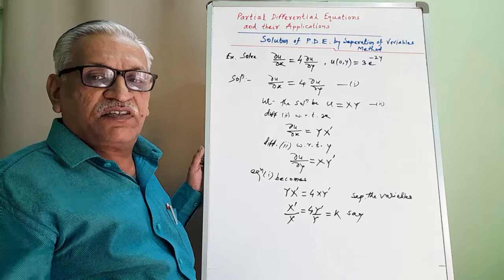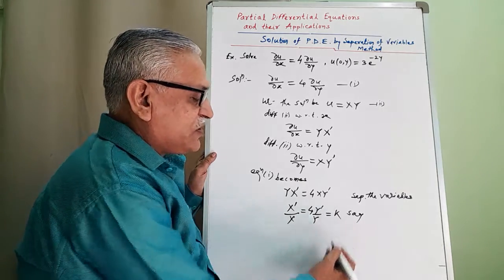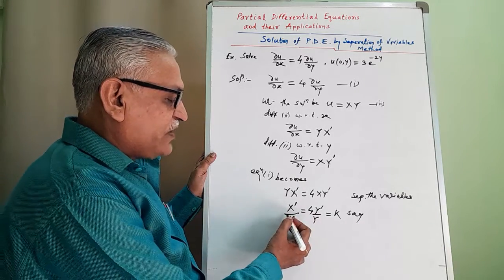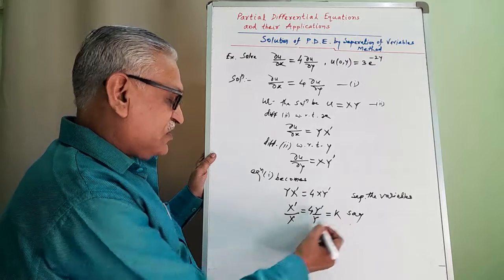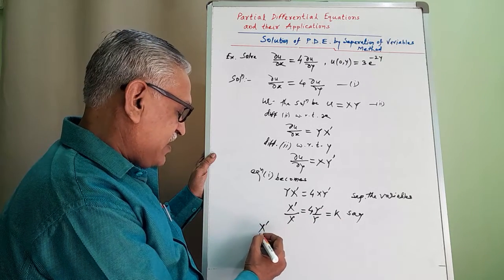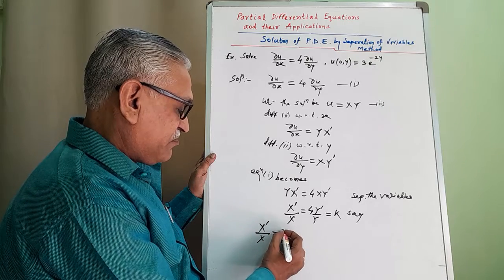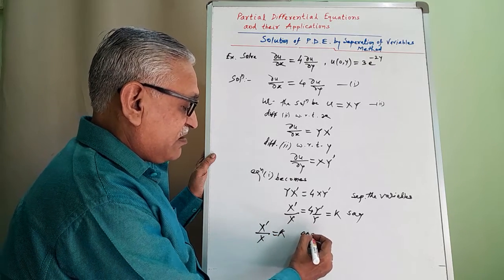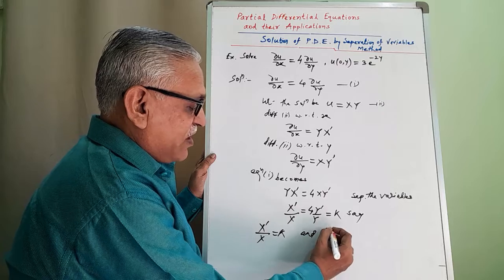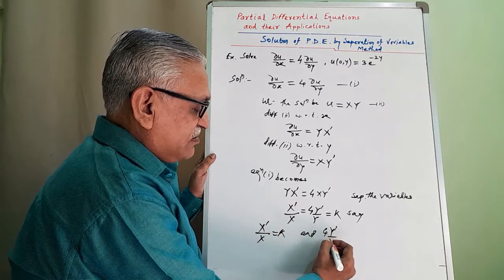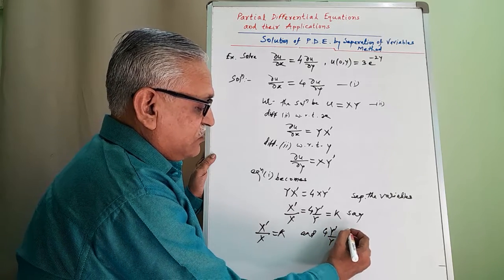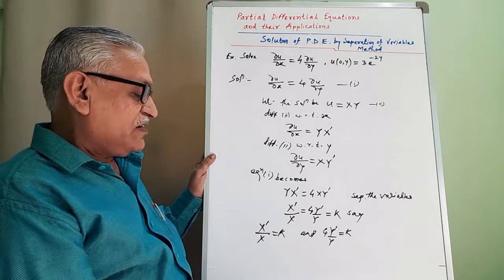We consider this ratio equal to a constant k. Then equating first with last, we get X'/X = k and 4Y'/Y = k.